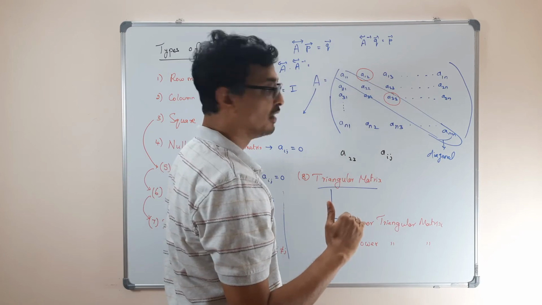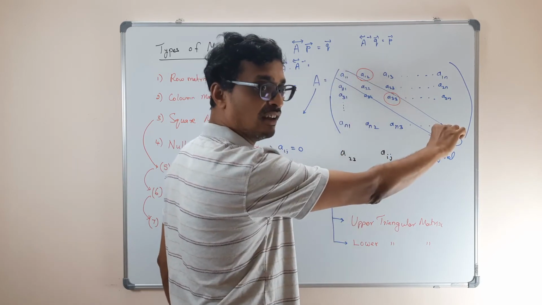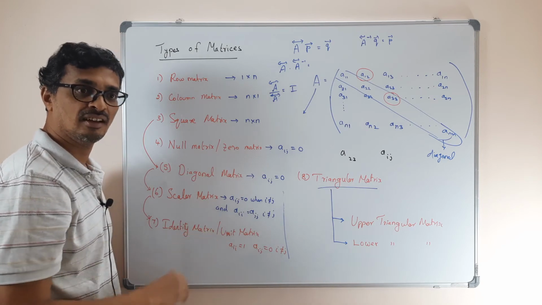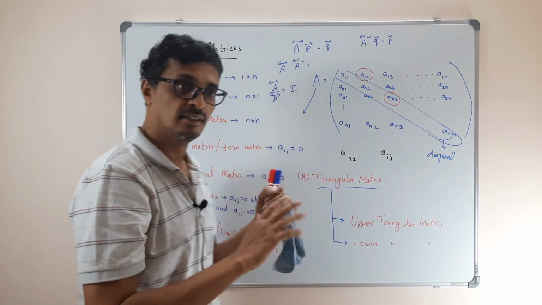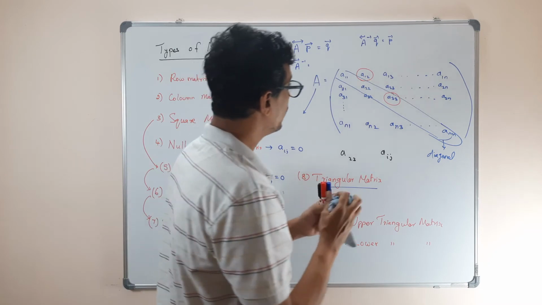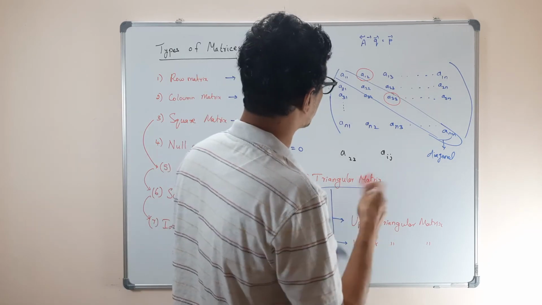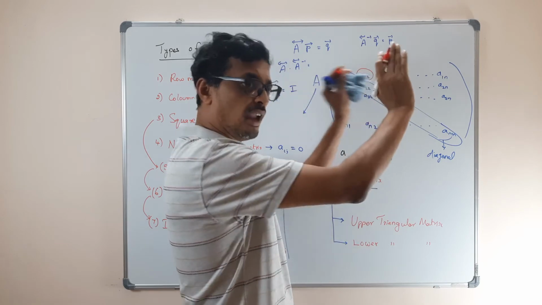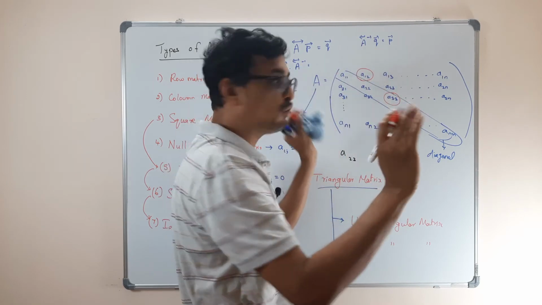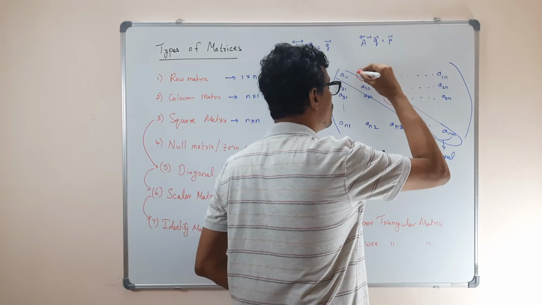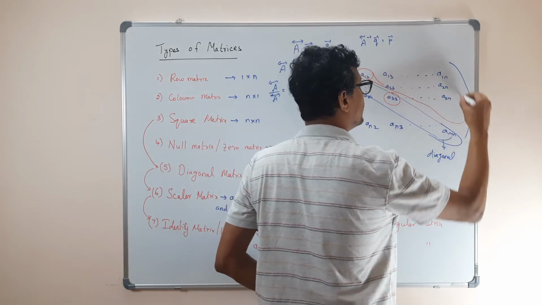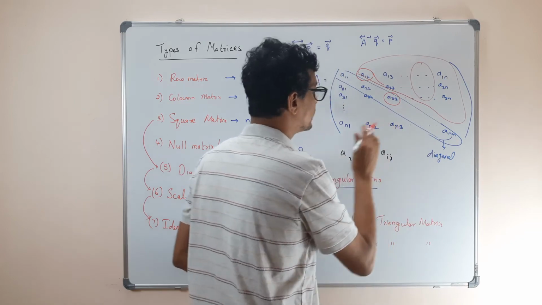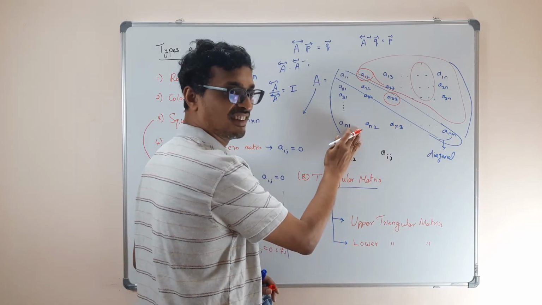What about the diagonal? If only the diagonal is non-zero, that's a diagonal matrix. What will be the value of the diagonal? Oh, it can be anything. See, the point I'm saying is that the diagonal elements can be anything, not necessarily equal. Take any square matrix: if these elements above the diagonal are 0, then you call this a lower triangular matrix.